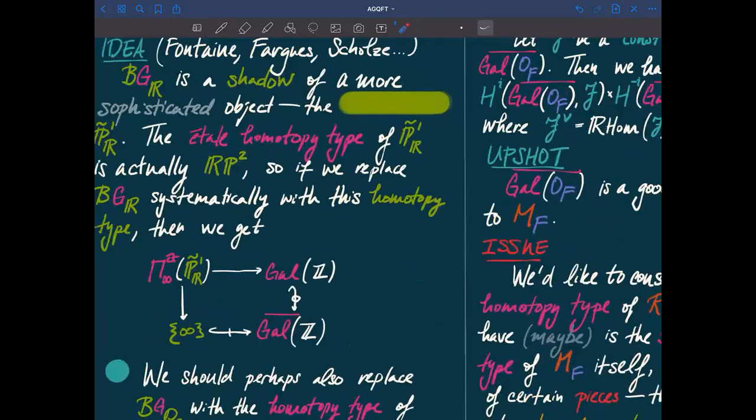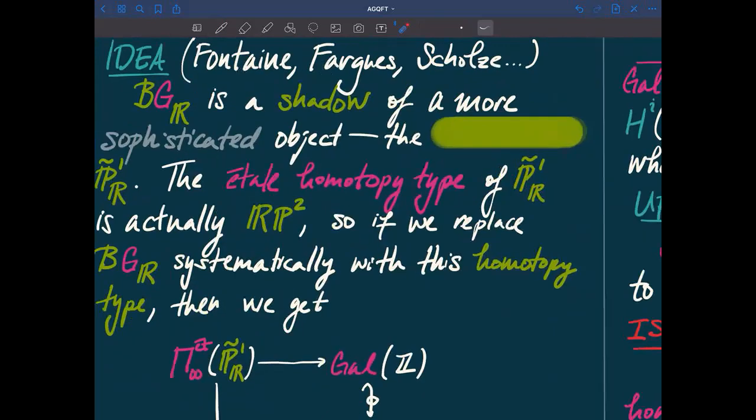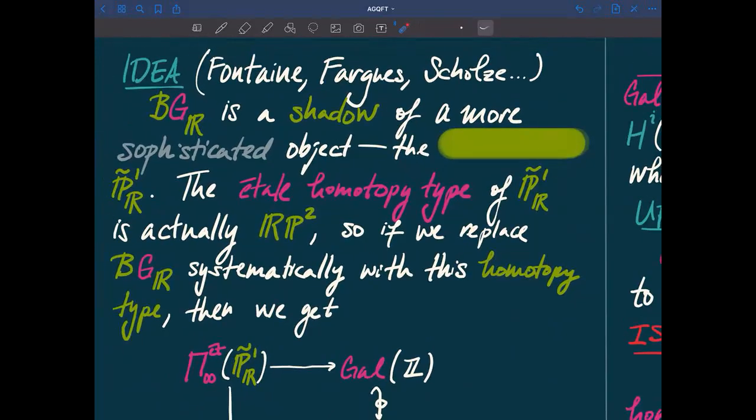And here's the idea. This idea goes to Fontaine and Fargues, and more recently Scholze, and I think others as well, which is that this classifying space of this absolute Galois group is really a shadow of a more sophisticated object. You can really think of geometrizing the absolute Galois group of the reals, and you geometrize it using the twistor line.